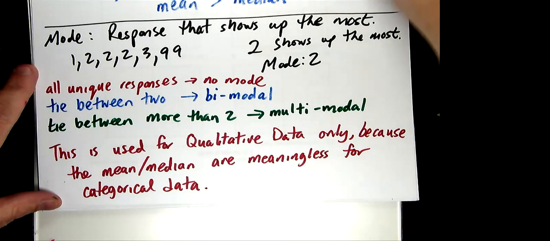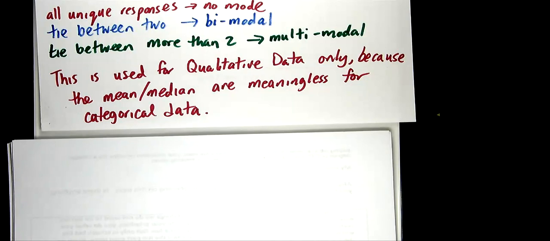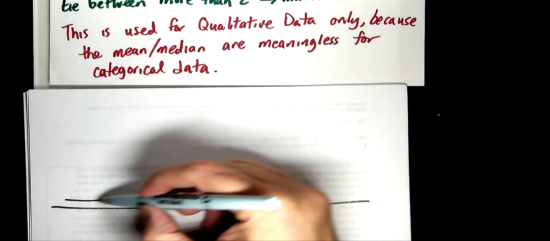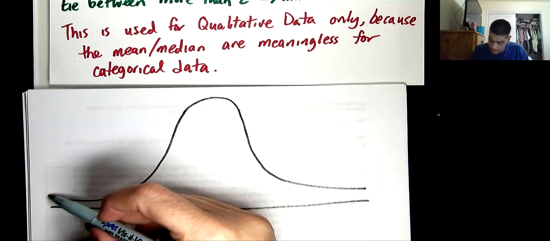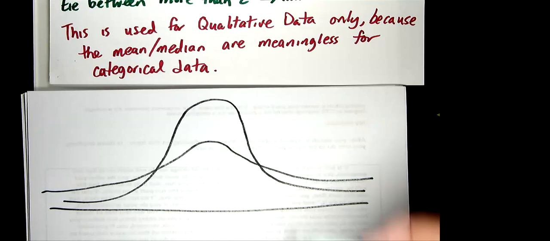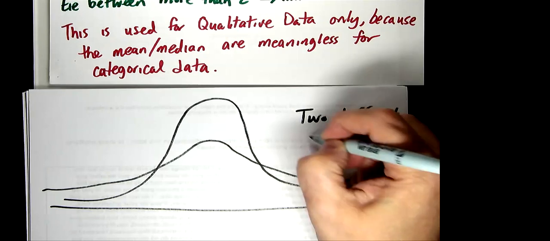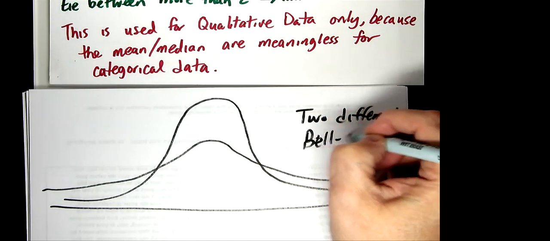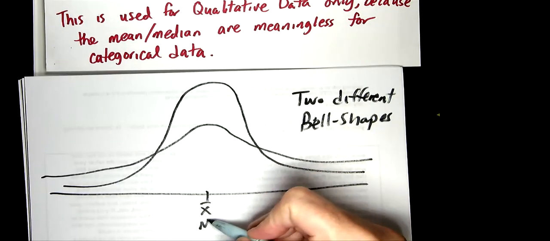Before I show you it in StatCrunch, there's one more thing I want to point out. These are 2 different bell shapes. But the mean and the median are the same.